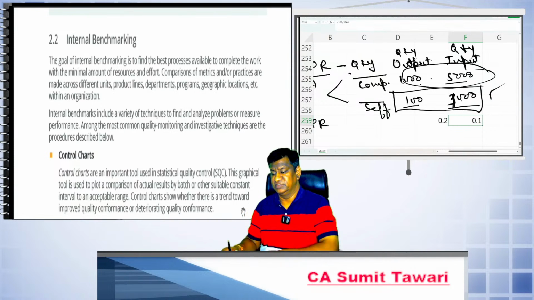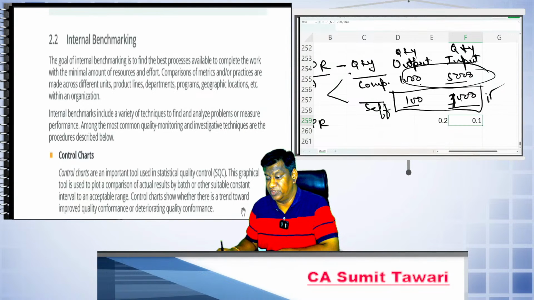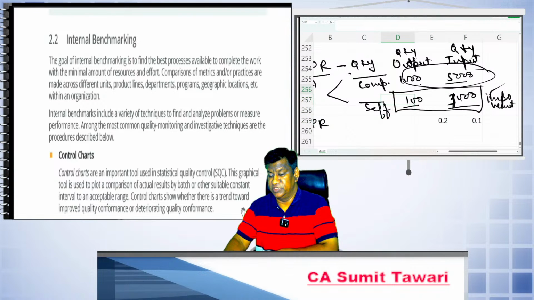Interpretation is something different. See, it looks like there is a requirement for improvement, because my competitor is producing 10 times production with 5 times input. So he is in better condition.